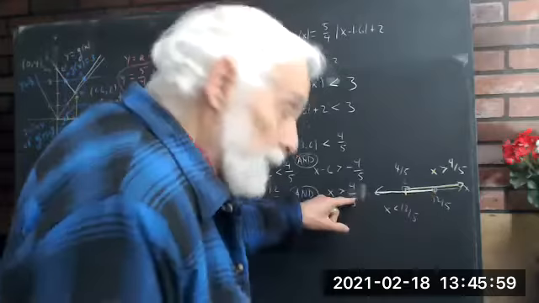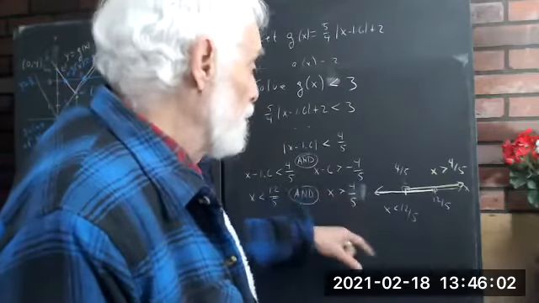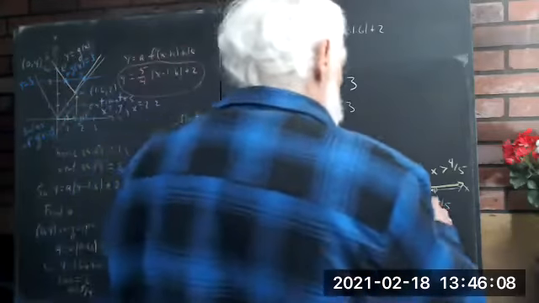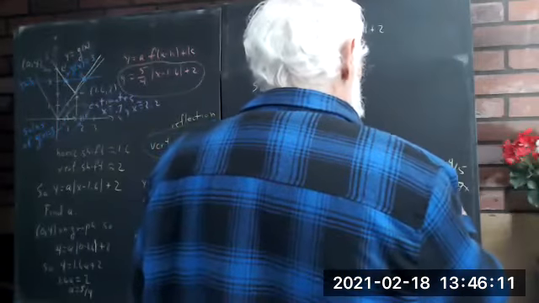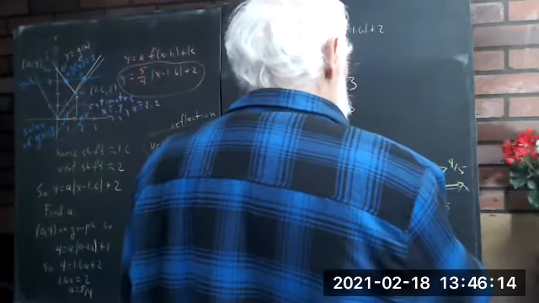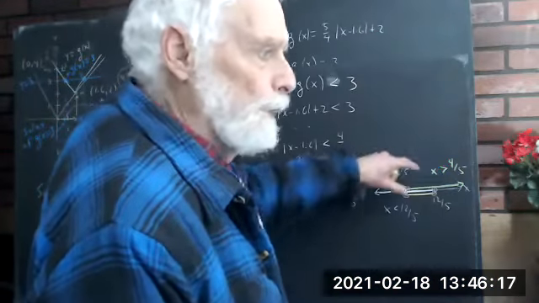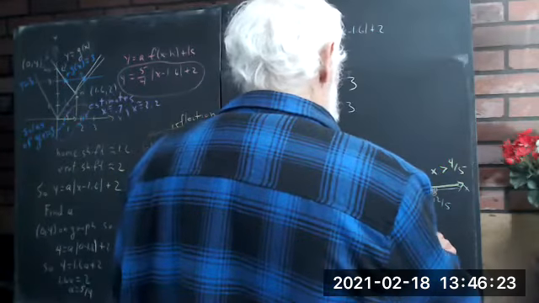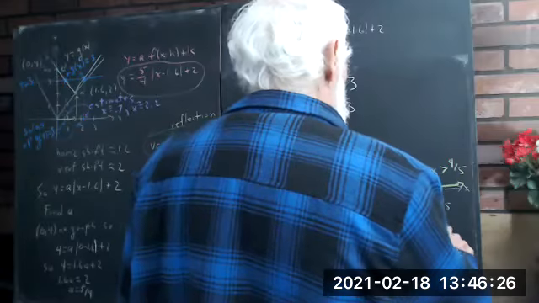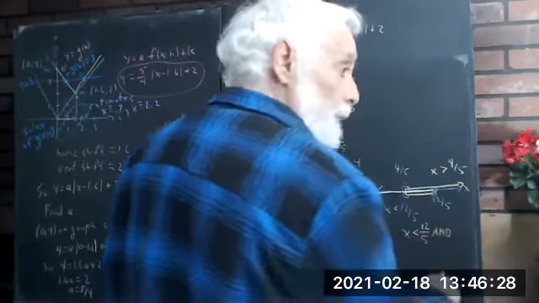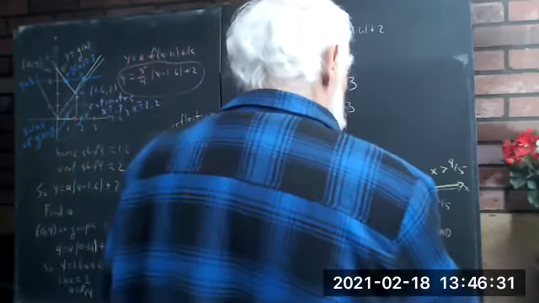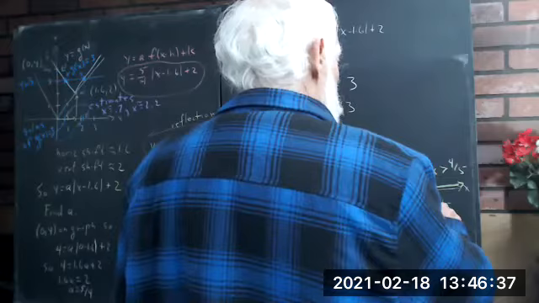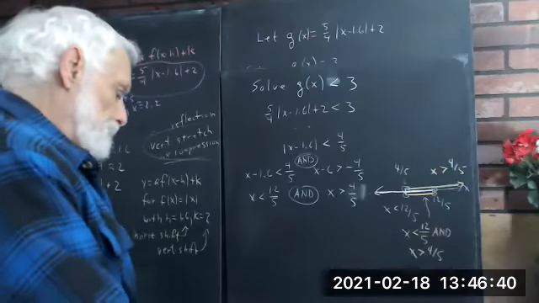Well, it's got to be in this interval of the x-axis, and in this interval of the x-axis, which means that it's between here and here. It's where these two overlap. So x has to be both less than 12/5 and greater than 4/5. Okay.